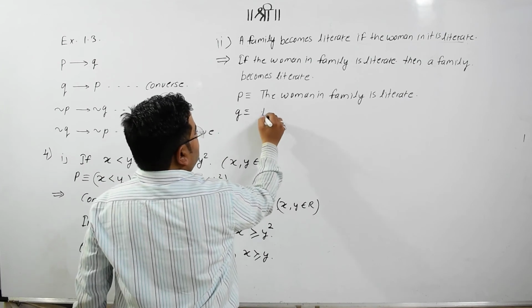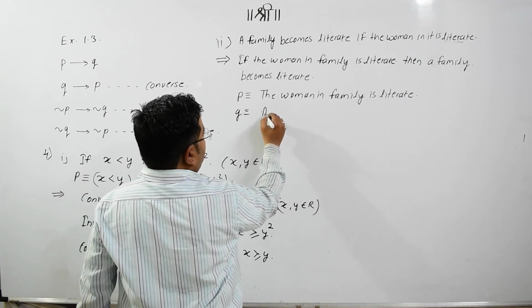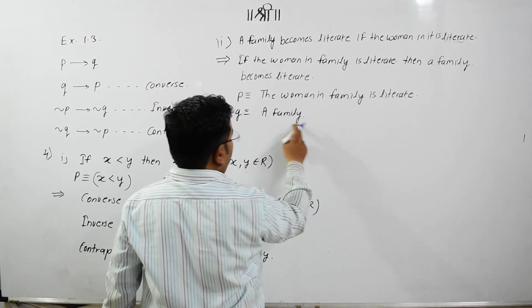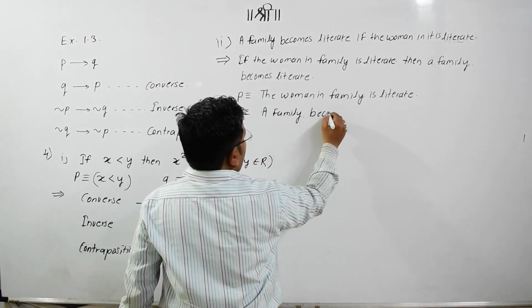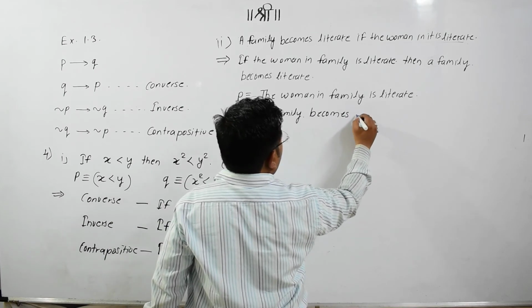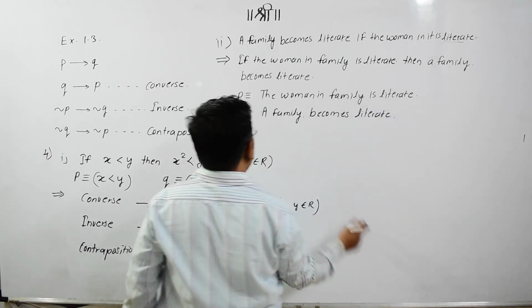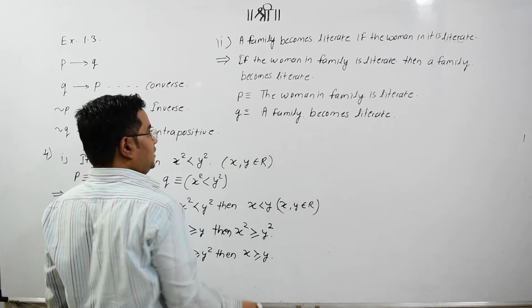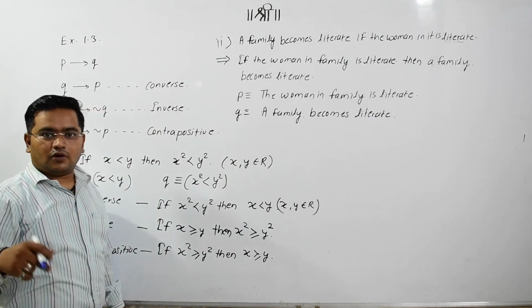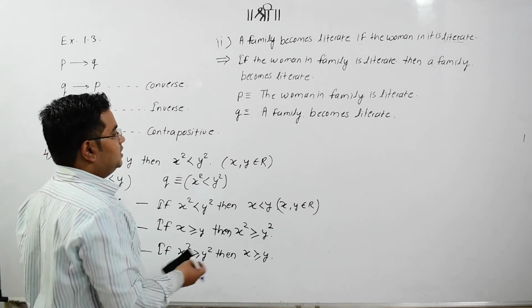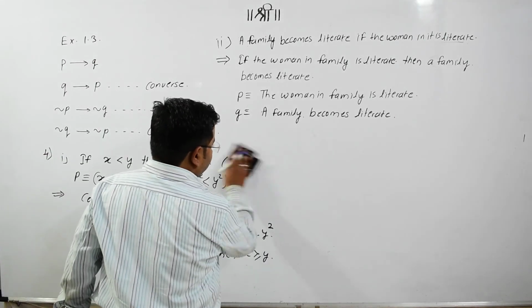Then a family becomes literate. Understood? So this is P, this is Q. On that basis we need to form our converse, inverse and contrapositive. Now hope this will be easier.